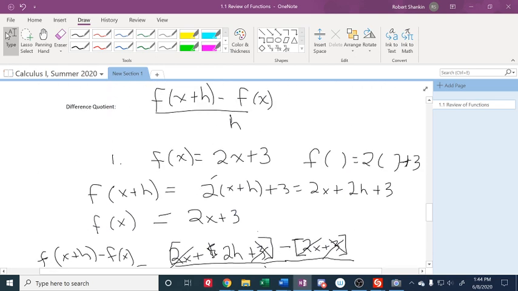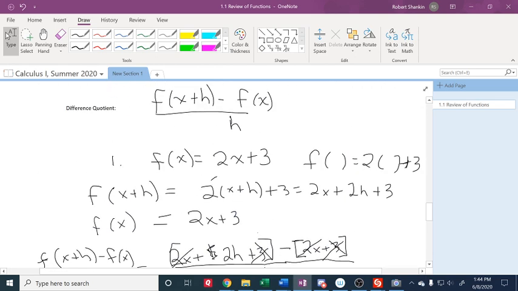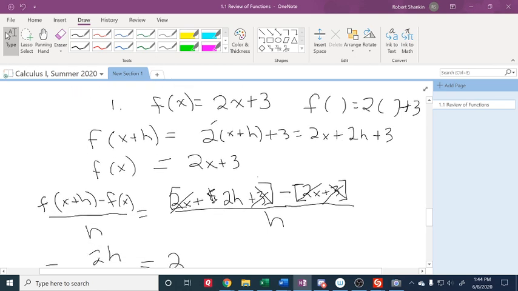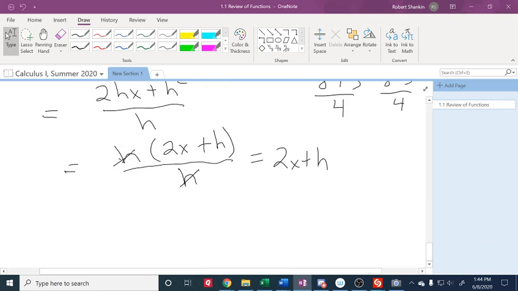We'll also find out later on that this fancy expression for a difference quotient could also have been written like this: f of x minus f of a over x minus a.